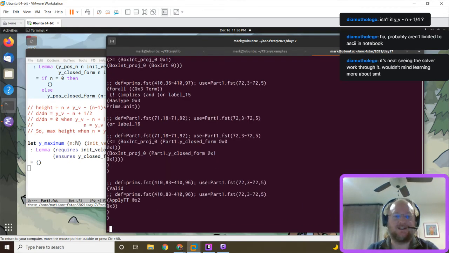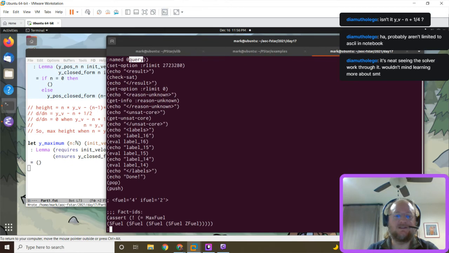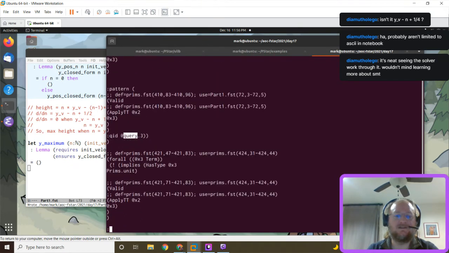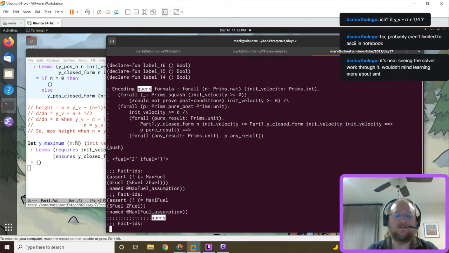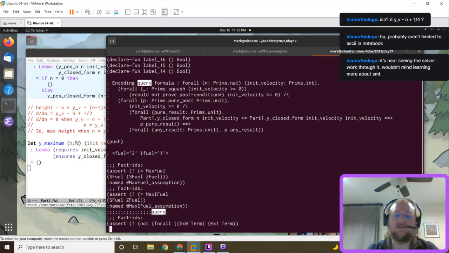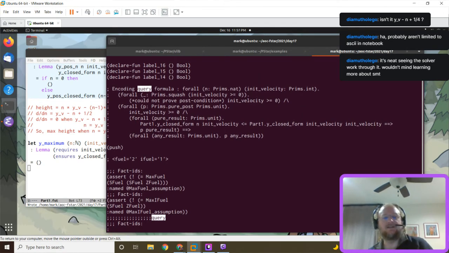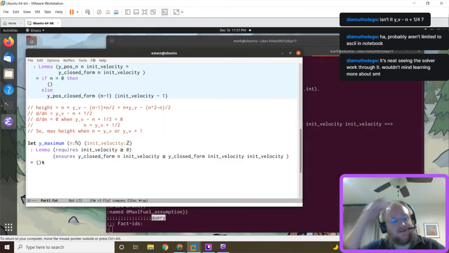And the one that's timing out is this one. So it gave definitions of closed form and Y closed form already, but they were evidently not enough to specify this.